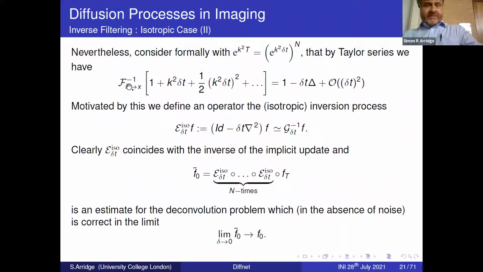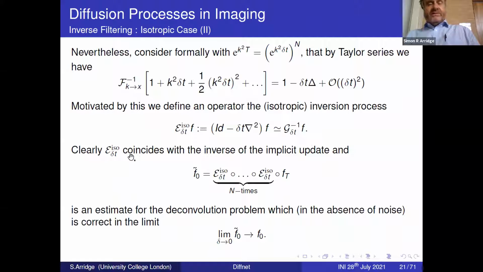And as delta t becomes small enough, by Taylor series, we would expand this, remove the higher order terms, and we see that converting back to the spatial domain, this just corresponds to an incremental operator where we now take the identity plus delta t times the negative of the Laplacian. So we could call this the Green's operator for the incremental step.